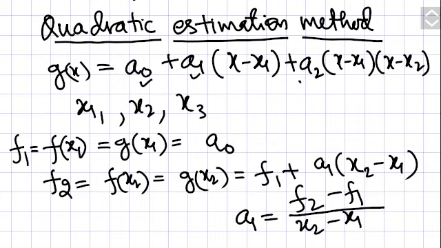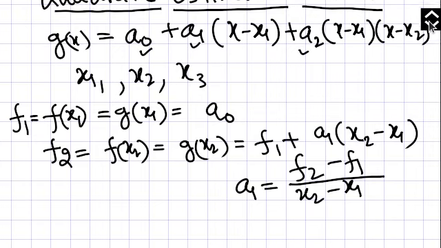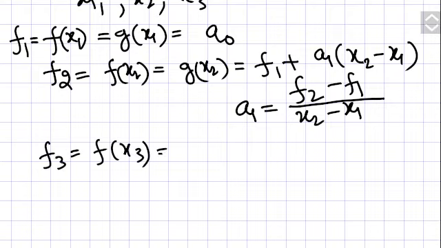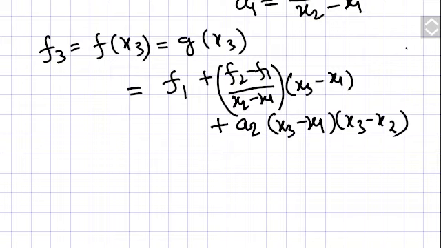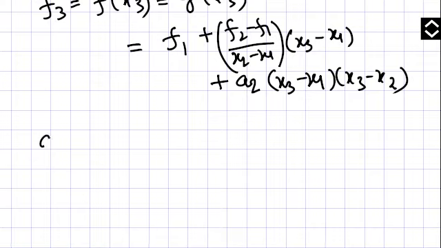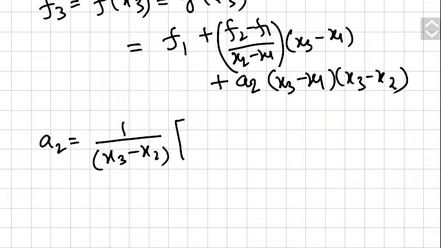If these values are known, then you can say that this function is known to you. In the same way you will do for f3 also, and you will get this expression, and when you solve it for a2, you will get the value of a2 like this. You can do it yourself actually, it's just mathematical manipulation.